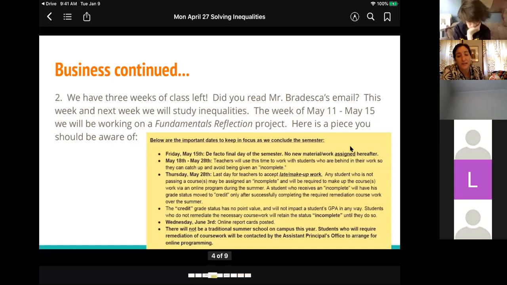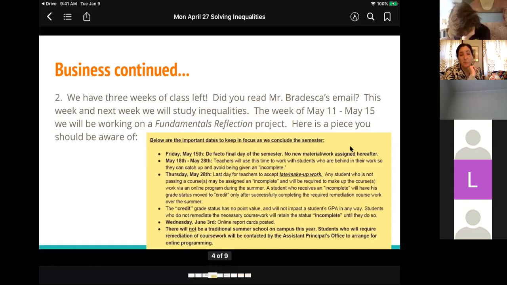Item number 1 is that May 15th is the last day of formal classes. Teachers can't assign new work after that. So teachers have that next week of May to get some grades done. For students who are way behind and are not going to pass, that week from May 18th to May 28th, it is our job as teachers and your job as students to work together to get caught up.